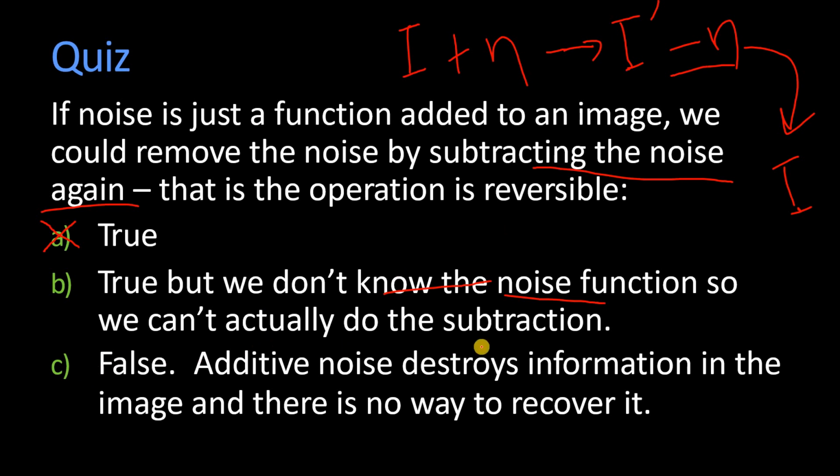So we can't actually do the subtraction because we don't know exactly what the noise is. And the last option, false: additive noise destroys information in the image. That's not correct. We can recover it, but we don't know the exact noise that was added to this particular image.